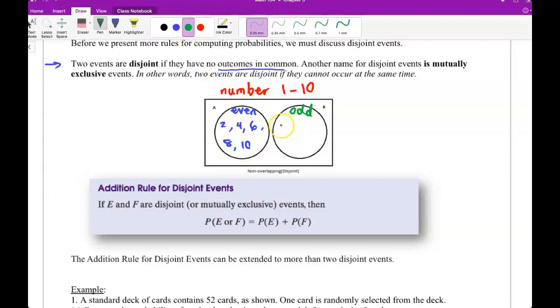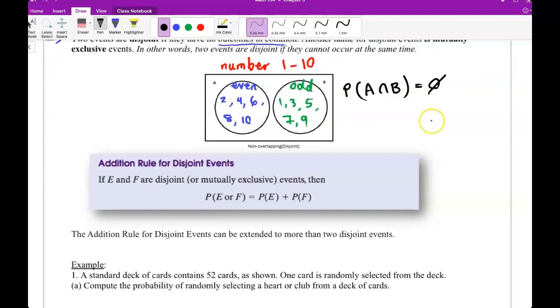And here for odd, we have 1, 3, 5, 7, 9. As you can see, between A and B we have nothing in common. So we're going to show that with this: A intersection B is the empty set.